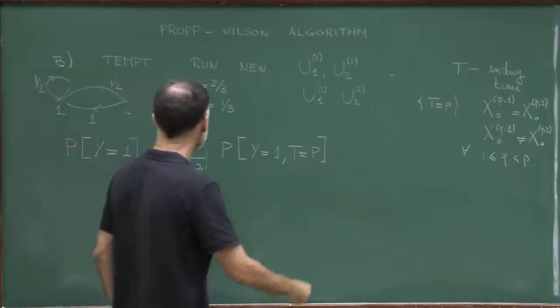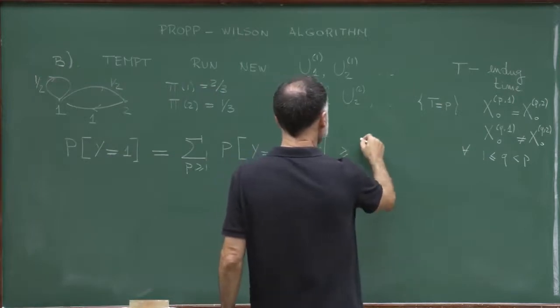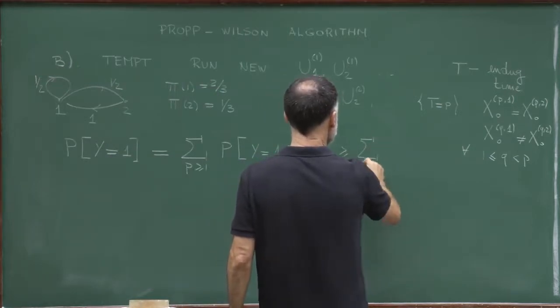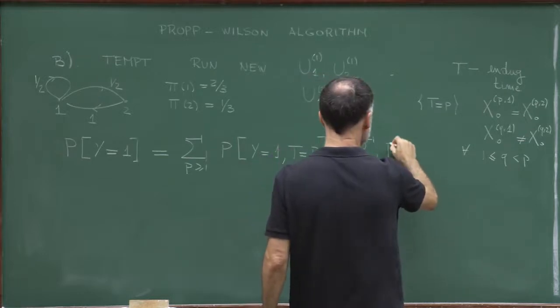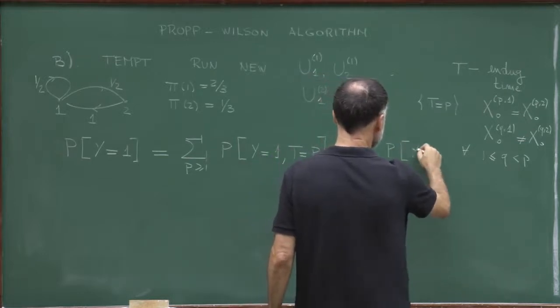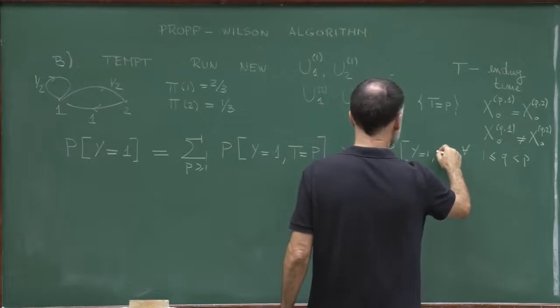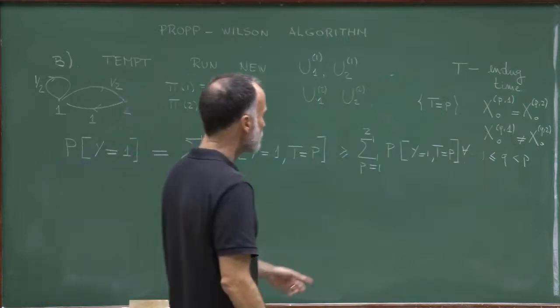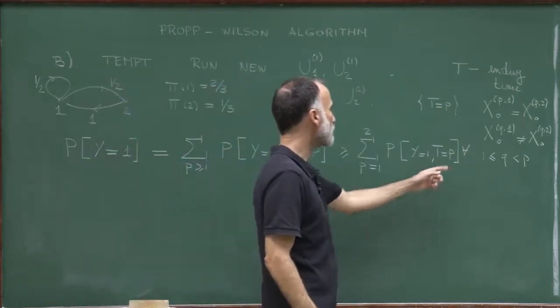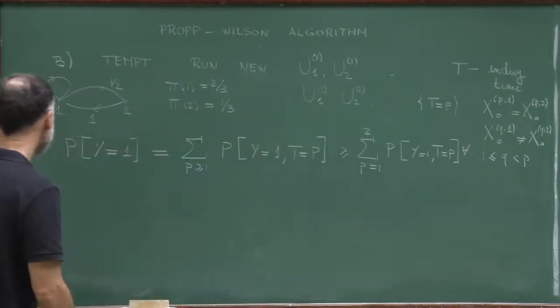And this is clearly larger or equal than the sum for p going from 1 to 2 of this probability. So let's compute this probability for p equal to 1 and then for p equal to 2.